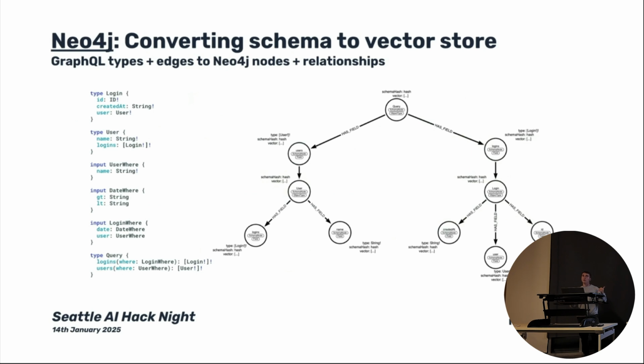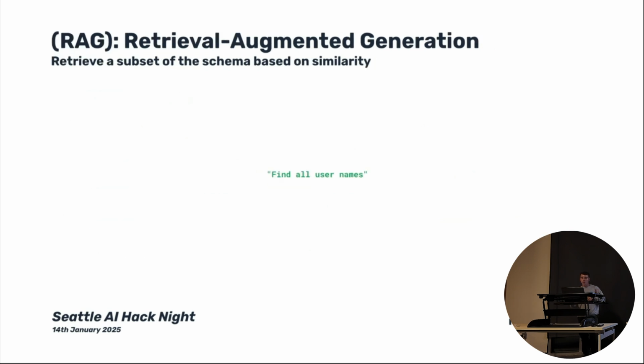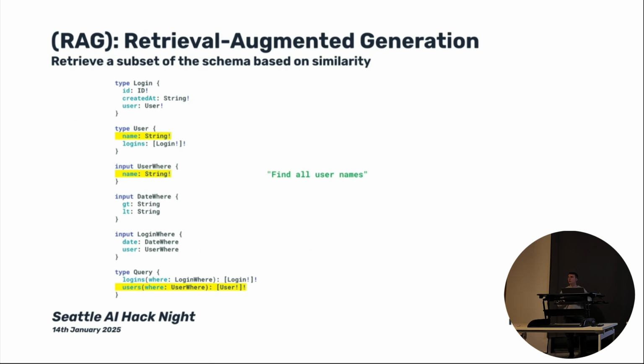So this is the whiteboard model of Neo4j that we have, and you can essentially visualize your data in a much better way. So if we go back to the beginning, where you issue a plain text query into the client, what we want to do first is use the proven techniques that we already have to search the database and find a subset of that schema that's relevant to that plain text question.